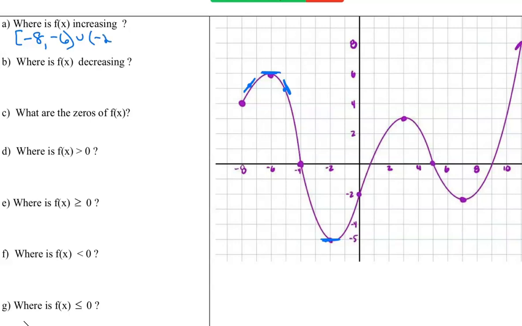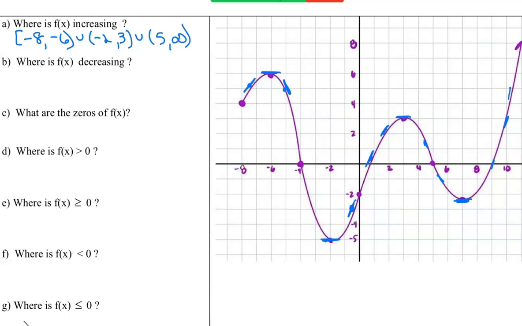So -2 up to 3, because these all have positive slopes, so it has to be increasing. When I get to positive 3, I stop again. Then it decreases, and there's a 0 slope at 5. So I start again at 5 and go forever and ever because these are all positive. That's where the function's increasing.